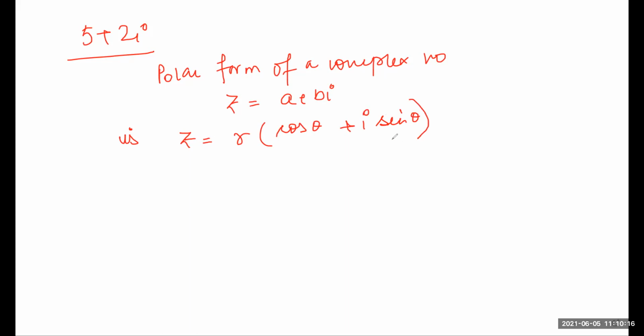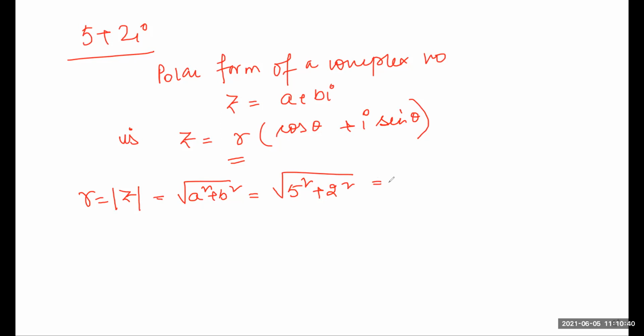So you have to first find the absolute value r. What will that be? r will be mod of z, which equals the square root of a square plus b square. Here, my a is 5 and my b is 2.